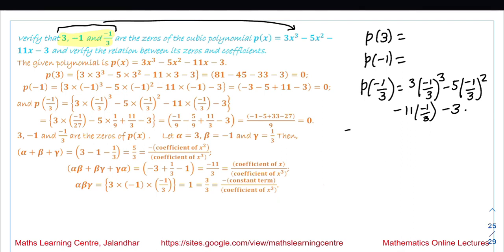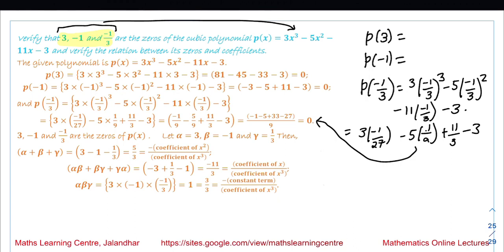When you solve these values, you will get 3 into minus 1 by 27, 5 into 1 by 9, plus 11 by 3 minus 3. On solving this, you will get the final answer is 0. Similarly, when you calculate p of minus 1, you will get the answer is 0. And when you calculate p of 3, you will get the answer is 0.